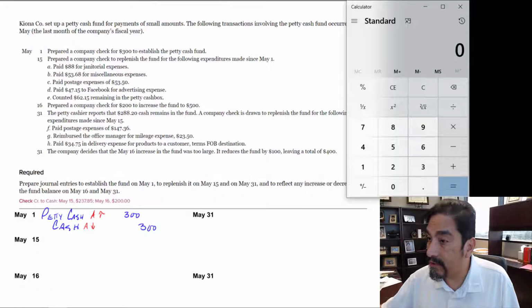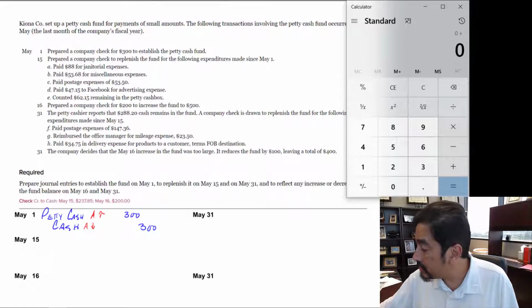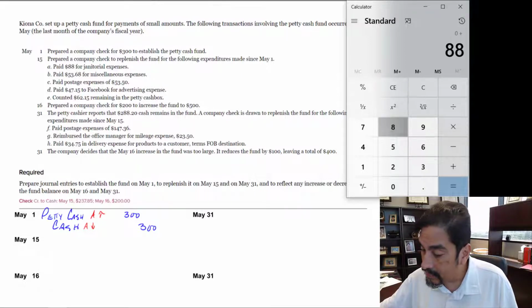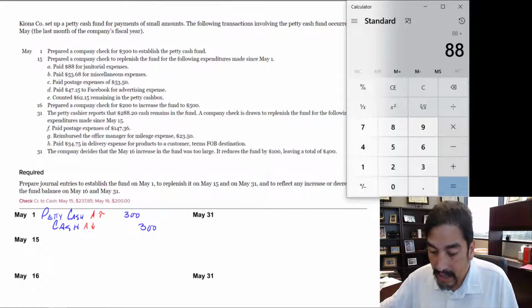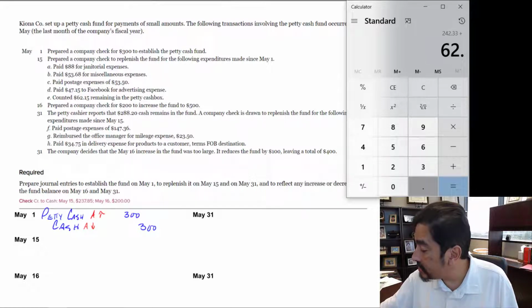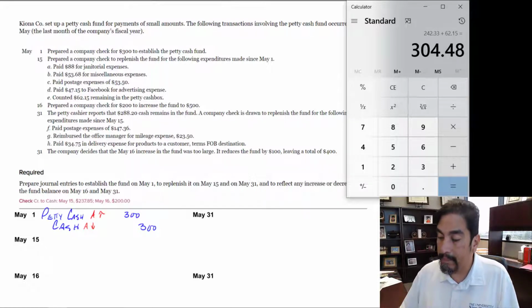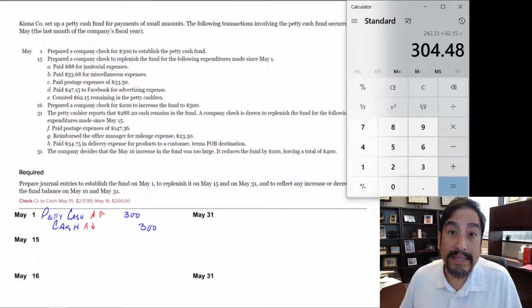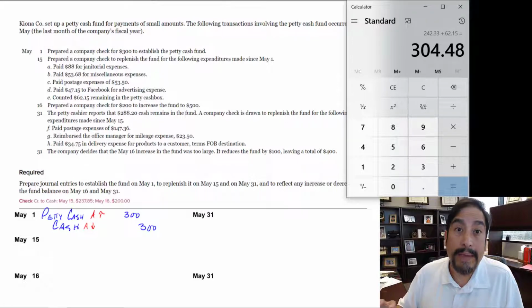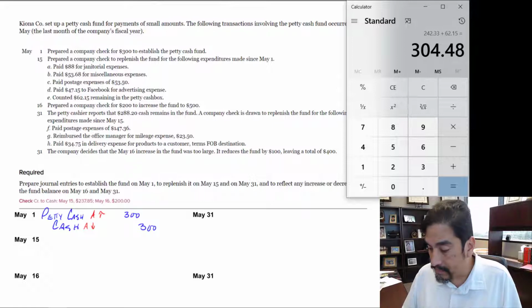I've got a receipt for $88 and a receipt for $53.68 and a receipt for $53.50 and a receipt for $47.15, and I also have $62.15 in there. So it's not $300. It should be $300 exactly. All of the receipts and the remaining cash at any time should equal $300.